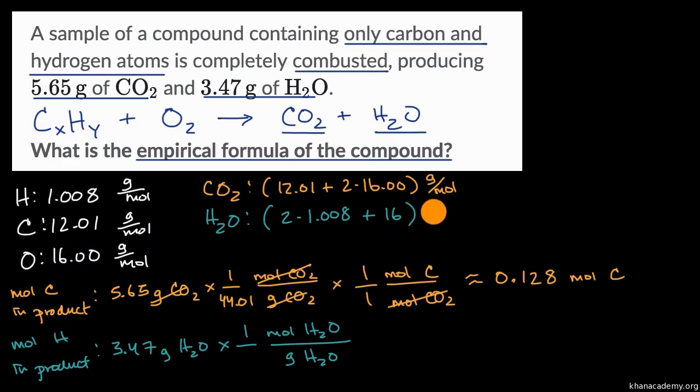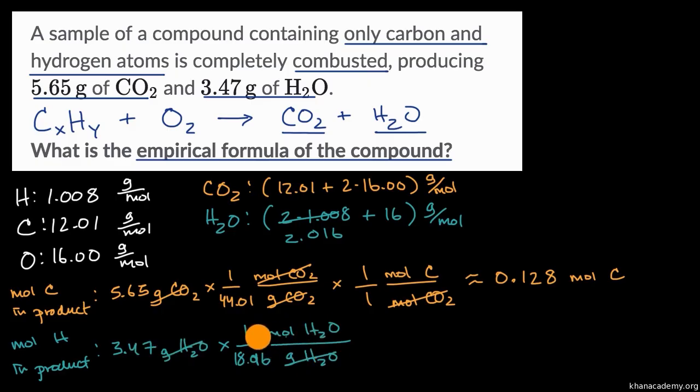And so this is going to be in grams per mole. So 2 times 1.008 is 2.016, and then you add 16 to it. It's going to be 18.016.